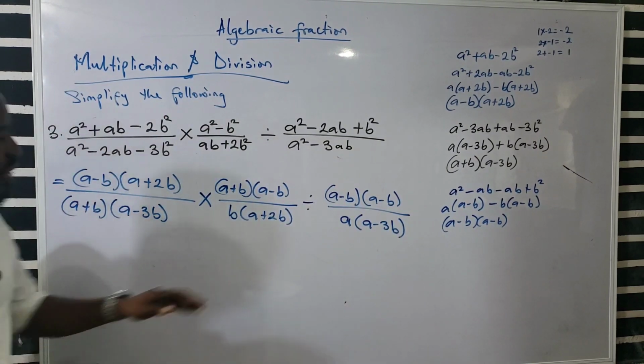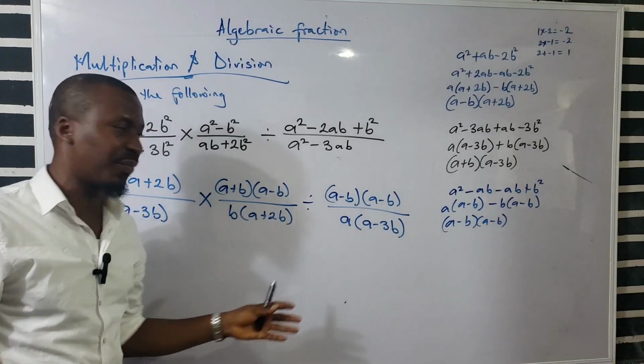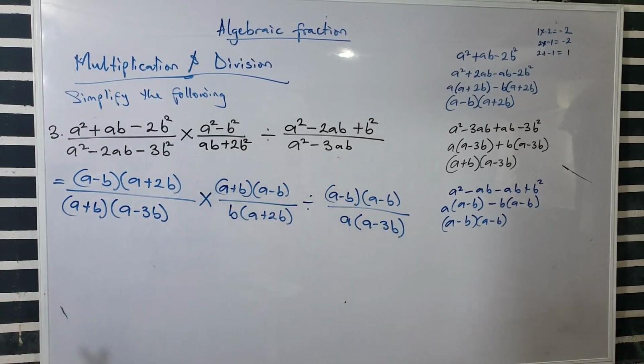Now we have division here, so we have to first of all change to multiplication. So cancel out things that need to be cancelled out. Then we have our answer.